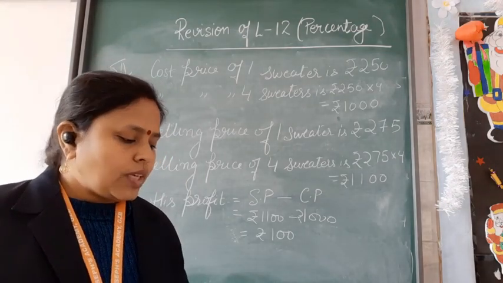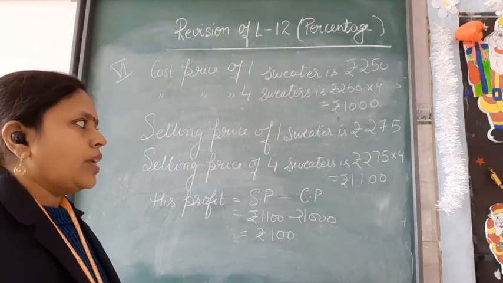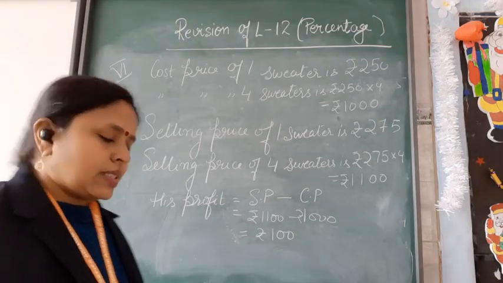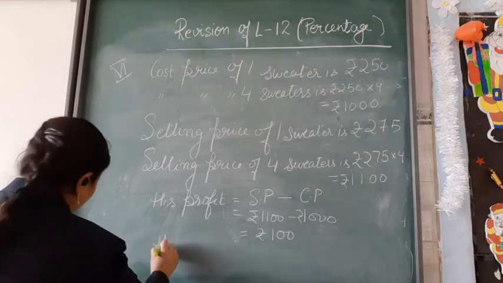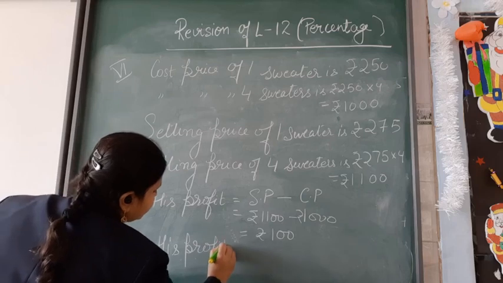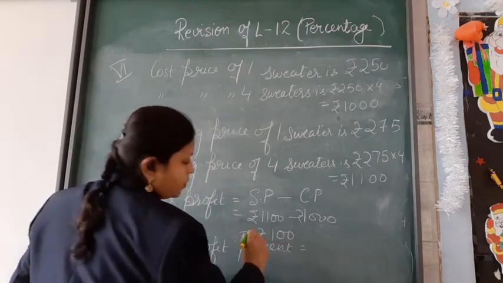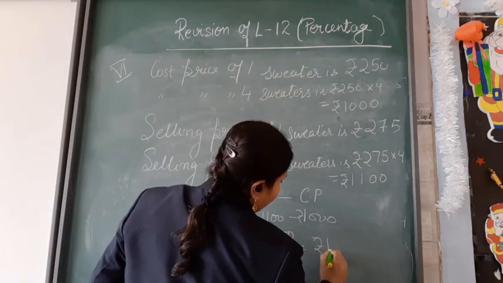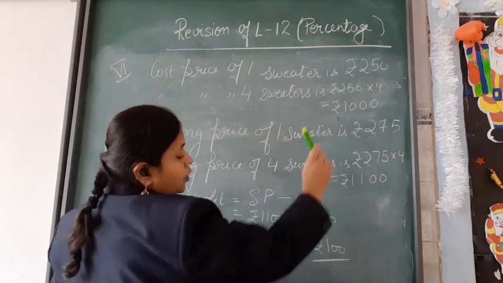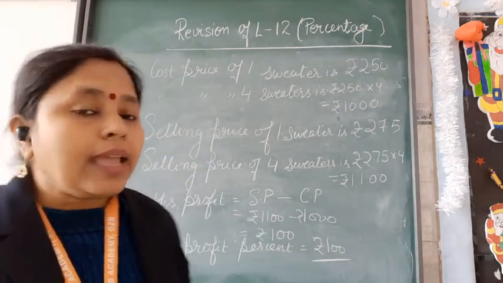So now children, what is being asked? It is asked that what was his profit percentage. So let us find out his profit percentage. So his profit percent is equal to profit, which is rupees 100, and when you find out the profit percent, you have to divide the profit by the cost price.